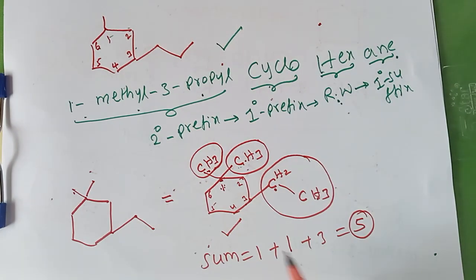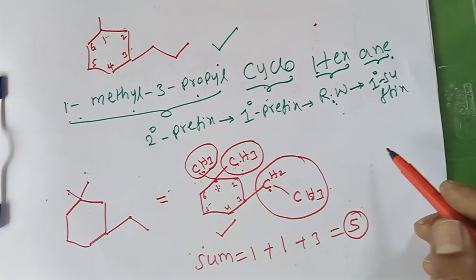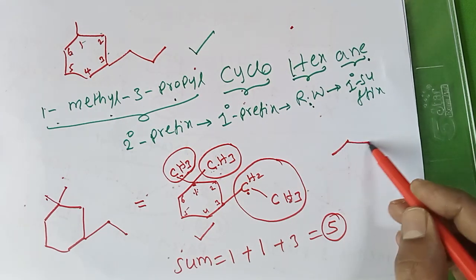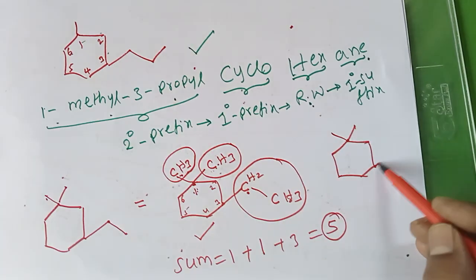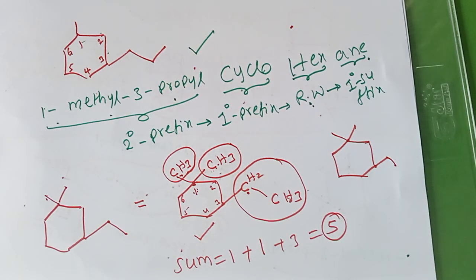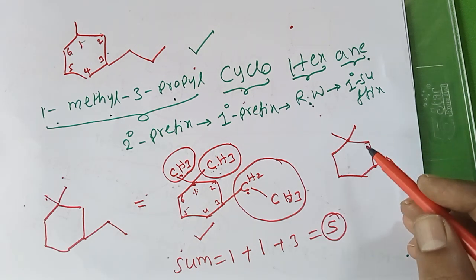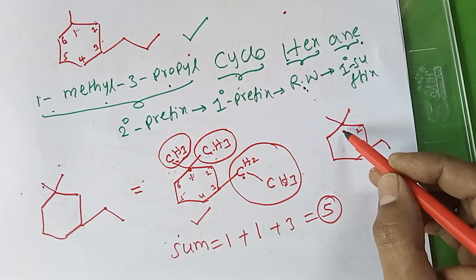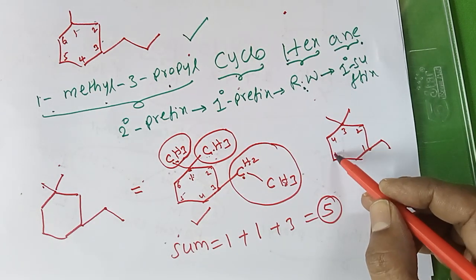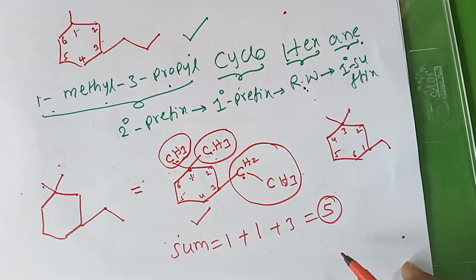Now we give the reverse numbering. Reverse numbering means I write the same structure here, with methyl, methyl and ethyl group. Now at this position I give the numbering in reverse, 1, 2, 3, 4, 5, 6.